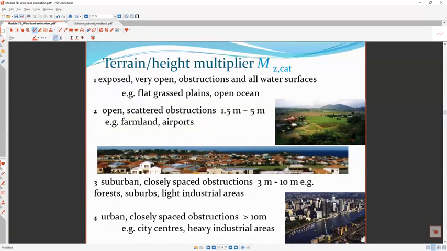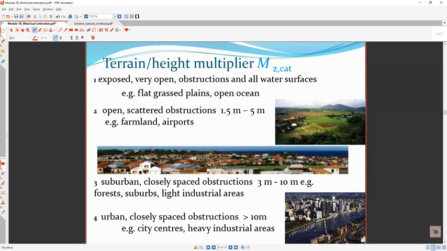You'll see here some of the examples of terrain. If you have exposed, open ocean and all, this is 1, which is shown here. Then you have open, scattered obstructions, 1.5 to 5 meter, farmland, airports, you have 2. Then you have 3, suburban area, closely spaced obstructions, 3 to 10 meter height.